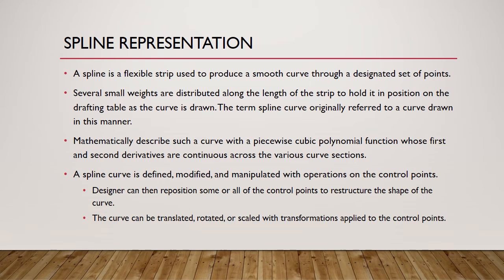Then spline representation. A spline is a flexible strip which is used to produce a smooth curve, and it is represented by control points, and control points control the shape of the curve. By modifying and manipulating the control points, you can translate, rotate, and scale the curve.